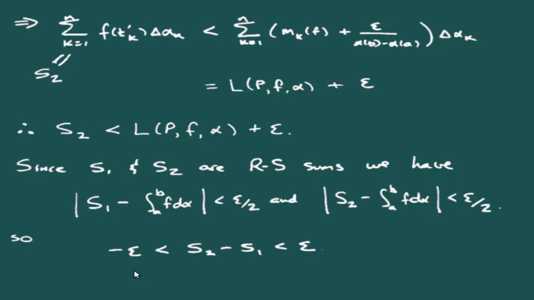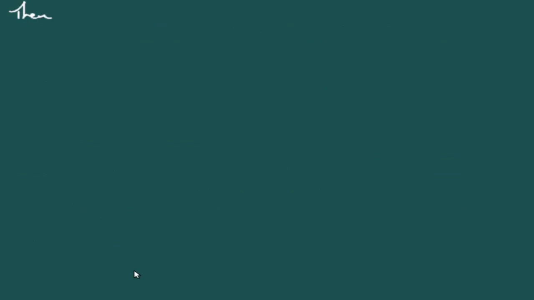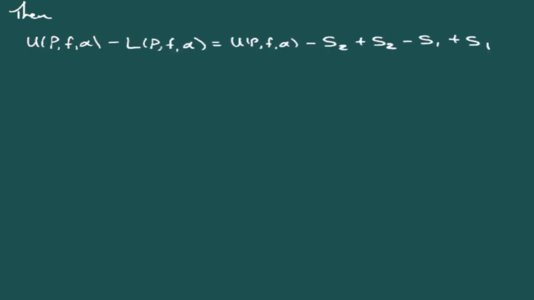So if we then look at the upper Riemann Stieltjes sum minus our lower Riemann Stieltjes sum with respect to this partition P, we're just doing the old add-subtract trick. So we subtract S sub 2, add S sub 2, subtract S sub 1, add S sub 1, and regroup things. Our first grouping, our upper Riemann Stieltjes sum minus S sub 2, is going to be less than epsilon.